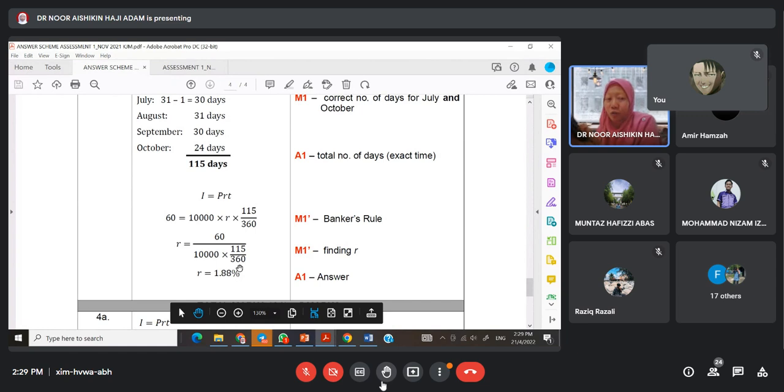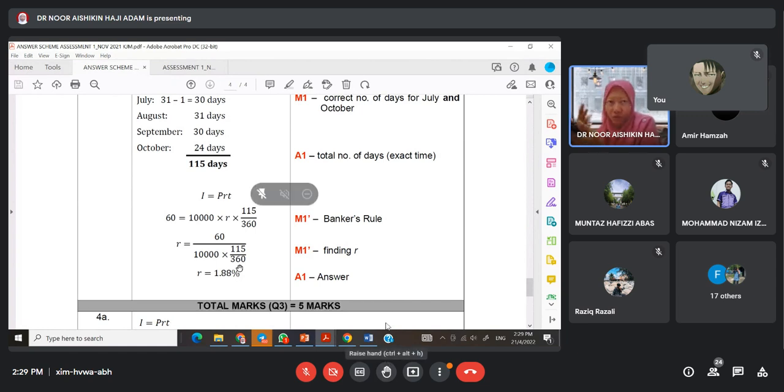Kenapa ada orang dapat 1.86 atau 1.90 tu sebab you bundarkan 1.88 kan? So R would be 60 divided by 10,000 times 115 over 360.